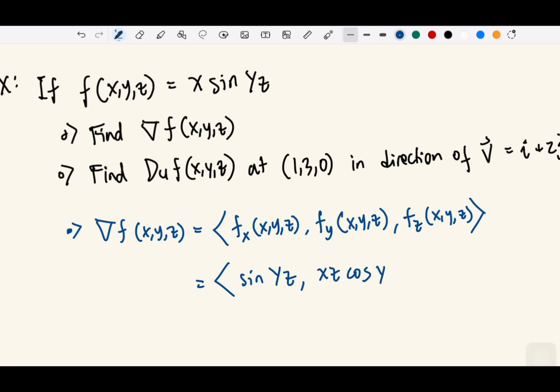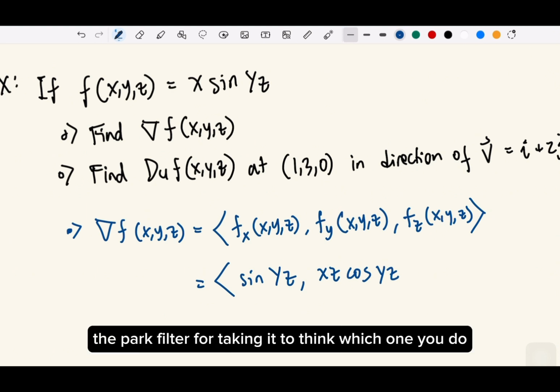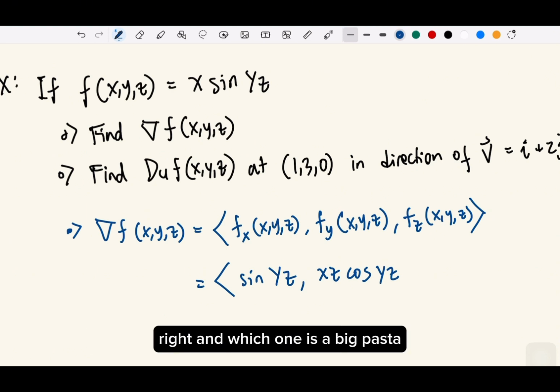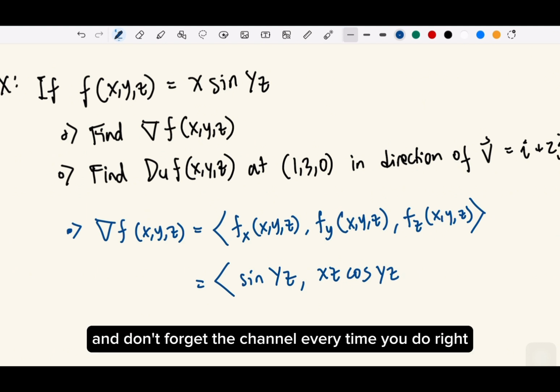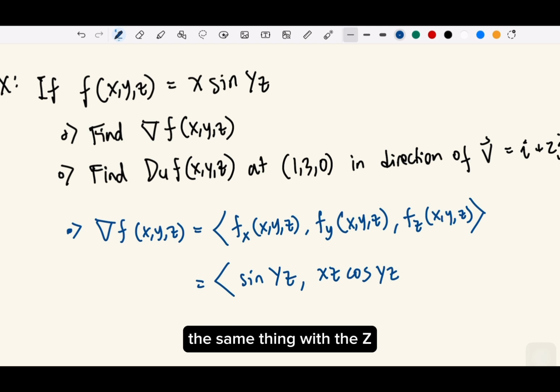Okay? So you need to be careful. Whenever you do the partial derivative, you need to think which one you derive and which one is a constant. And don't forget the chain rule every time you derive. The same thing with z, it's similar to y.